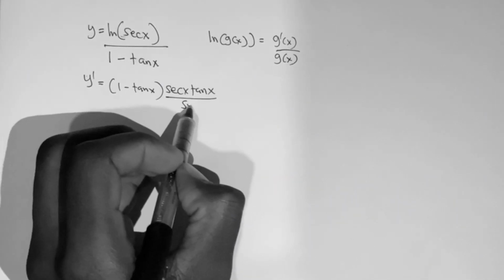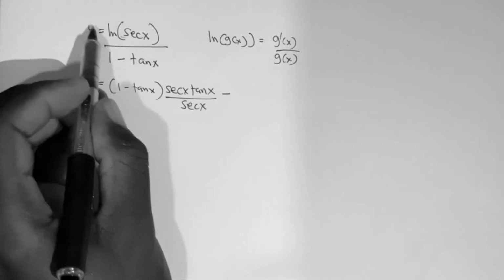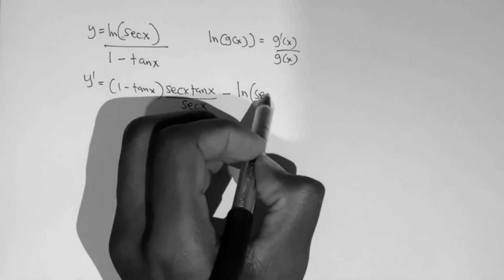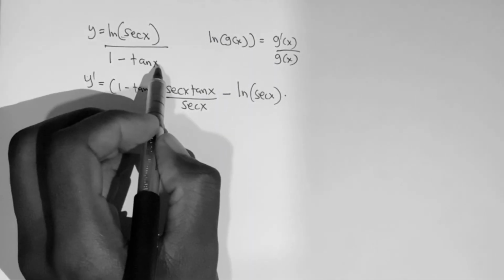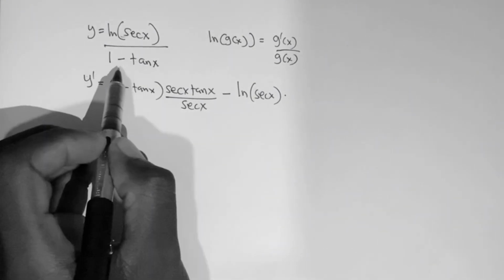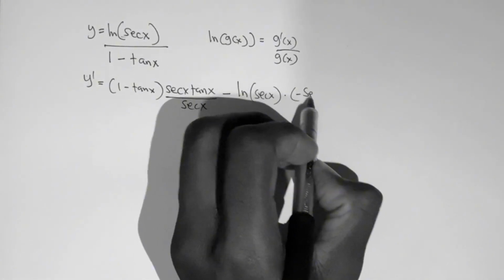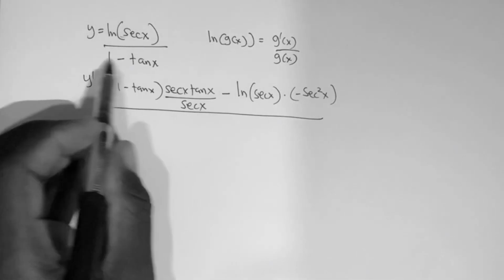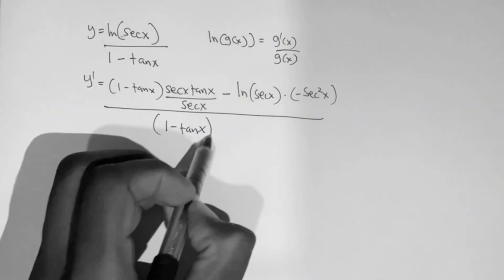then minus, you keep ln sec x, then we differentiate minus tan x. If you differentiate tan x, you get sec squared x, so it becomes minus sec squared x, all of that divided by the square of the denominator, which is (1 minus tan x) squared.